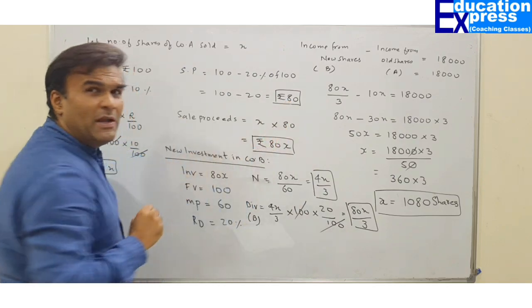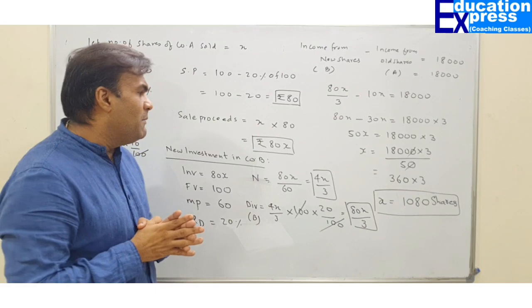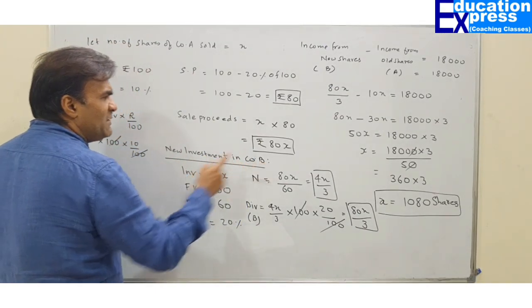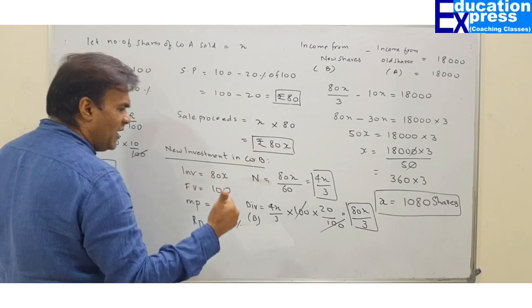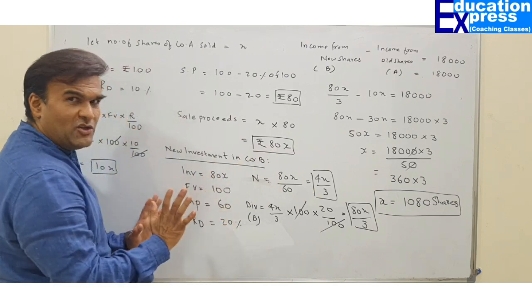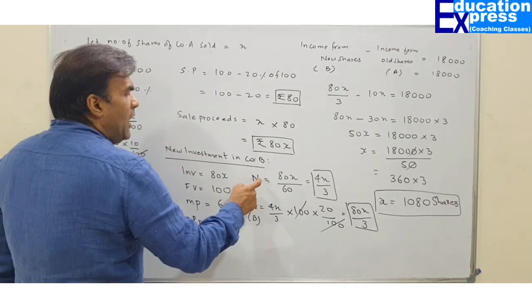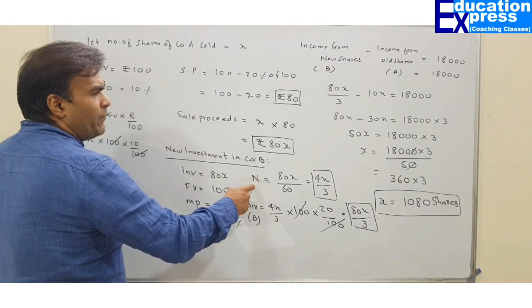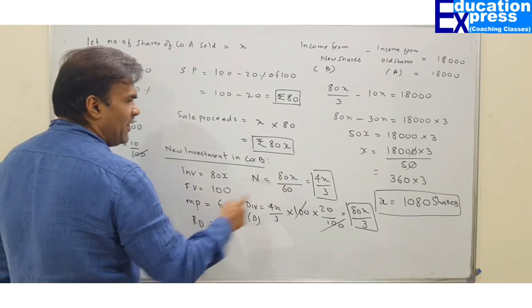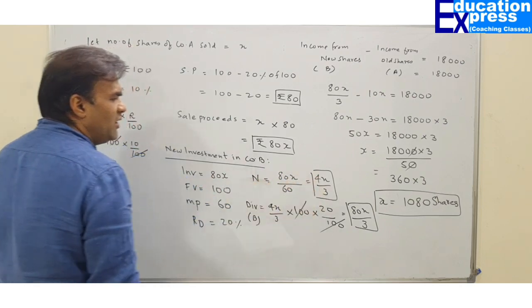What are you doing with this money? Of course, I am investing in a company B. So new investment in company B. What is your investment? 80x. Face value given. Market price given. Rate of dividend given. This is the information. How do you find the number of shares? Investment upon market price, so you found 4x upon 3.